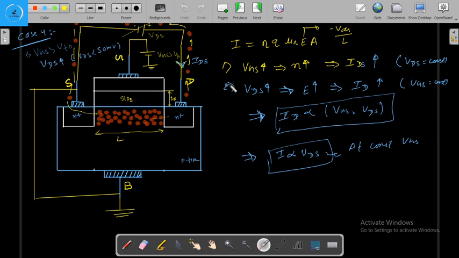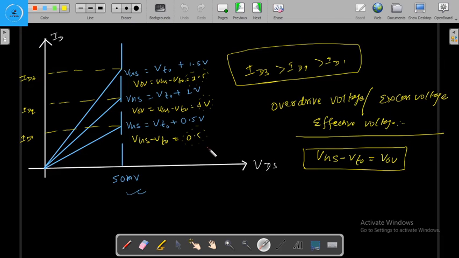We have also seen that this channel current is a function of both the gate to source voltage and the drain to source voltage, and that at constant VGS, the channel current, or drain current, is proportional to the drain to source voltage, right? Now we have seen this graph, this waveform between the ID and the VDS, and we have seen how it works as a linear region.